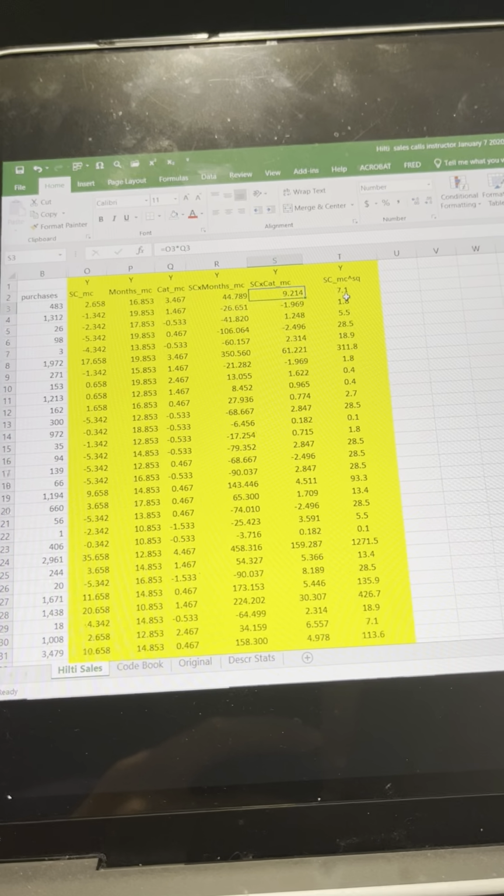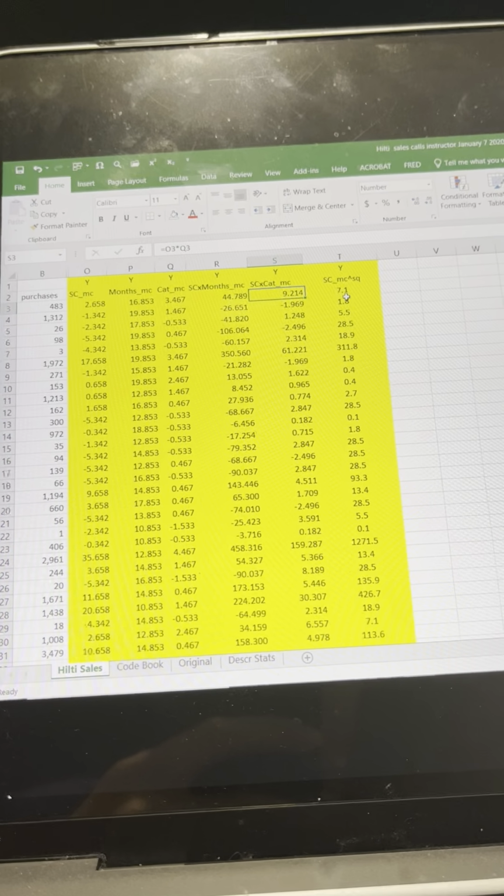Okay. I'm going to write it out as sort of an equation, and then I'm going to substitute numbers. We're going to calculate, and let me round this off if that's okay. 38 times the sales calls, mean centered, plus, and I'm going to assume that I can ignore these by setting months equal to the average and categories equal to the average. But what about this one down here? Well, it has a coefficient. This is the squared term.